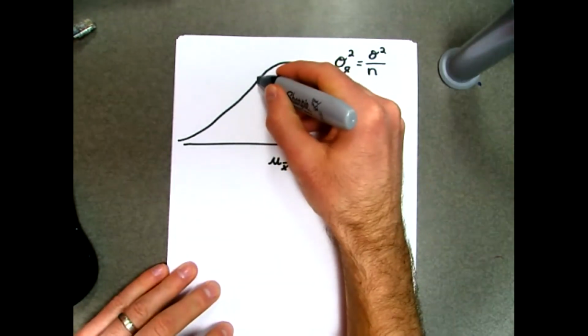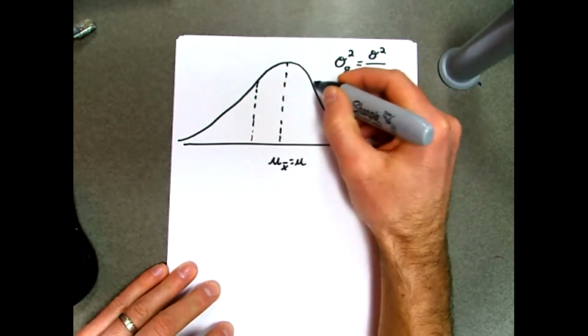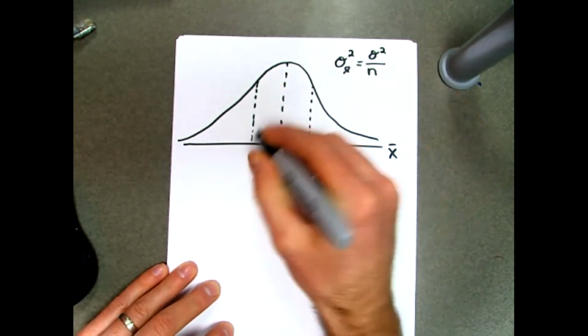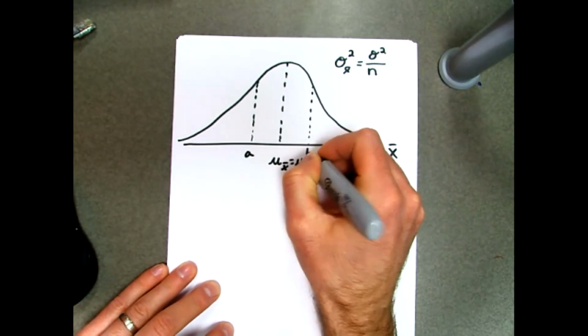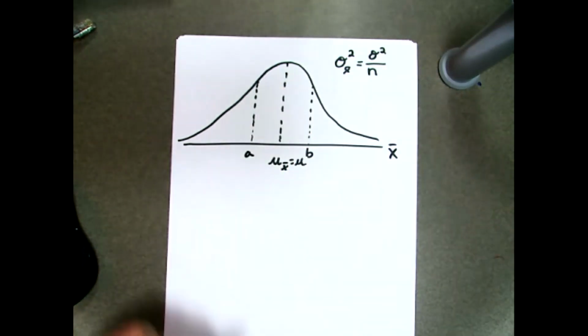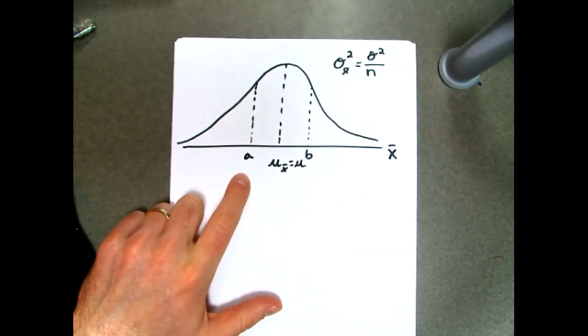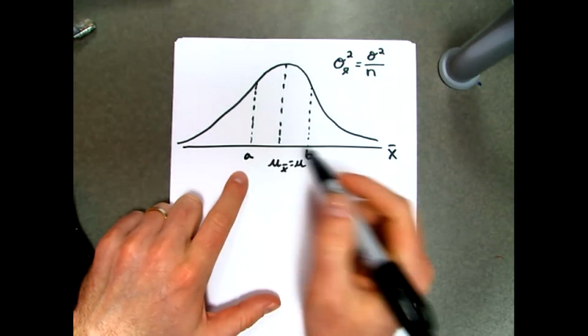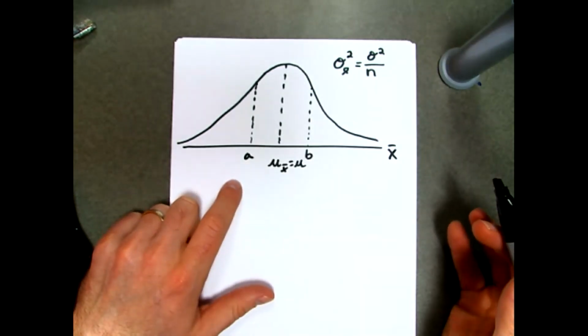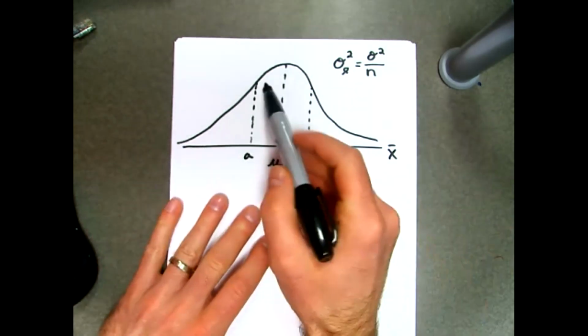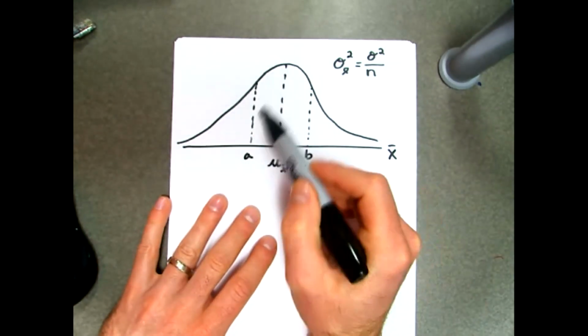So let's say I want to know the probability I see a sample mean in between these two values. Maybe these values correspond to 1 standard deviation above and below the population mean, but whatever they are, I've set it up so that they're values close to the mean.